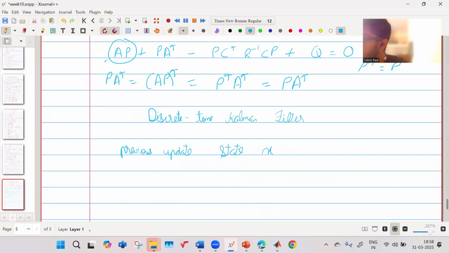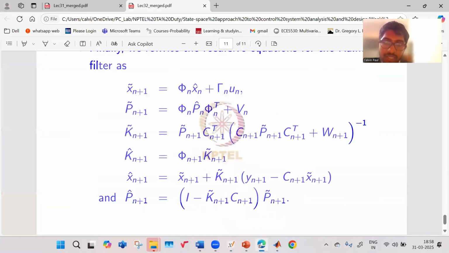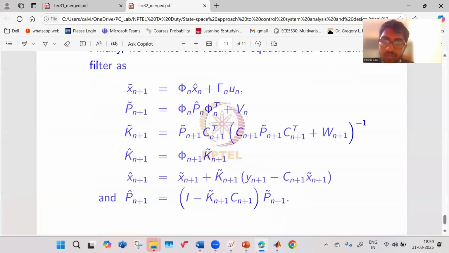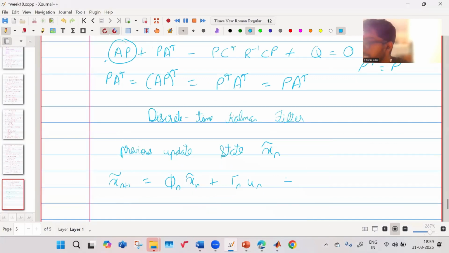So we have the previous updated state, which is x n hat. Now the first equation is x n plus one tilde, which equals phi n x n hat plus gamma n u of n. Okay, this is the equation, and this is known as the prediction.